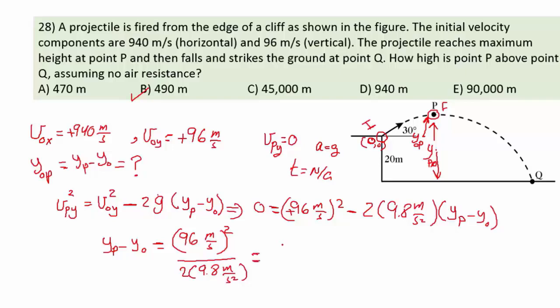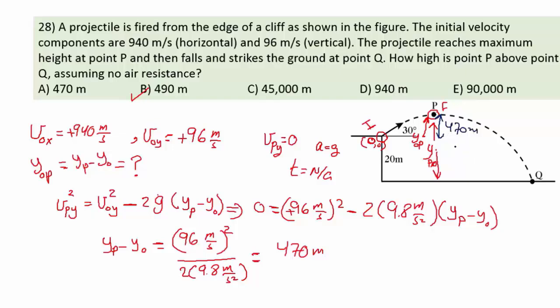And if you carry out the calculation, this will yield 470 meters. Now this is the displacement from y0 to yp, meaning it represents this displacement. This is the 470 meters, and as you see, the drawing is not to scale.